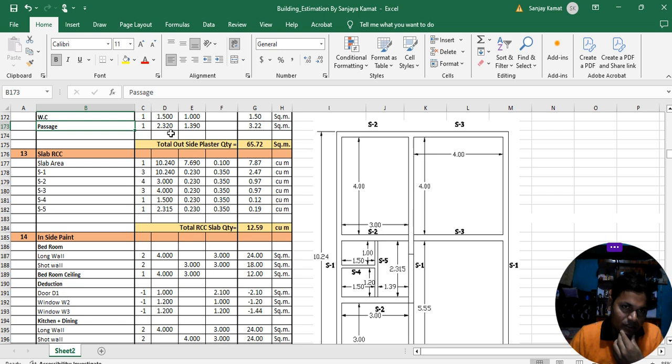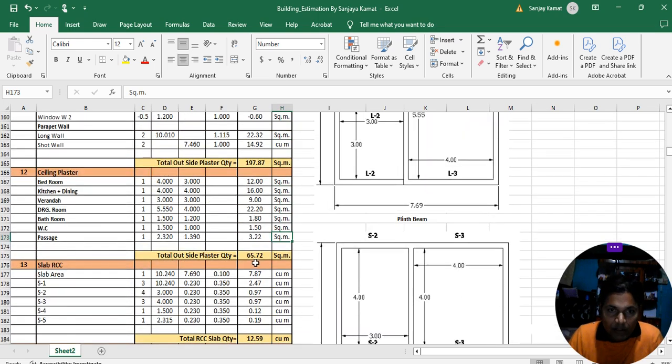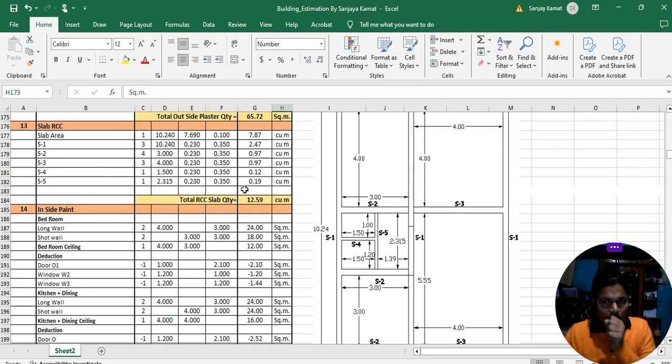Length is 2.32 meter and breadth is 1.390 meter. After multiplying these three terms, you will get 3.22 meter square. Now to get this 65.72 meter square, you have to sum all these numbers, then you will get 65.72 meter square. Okay.